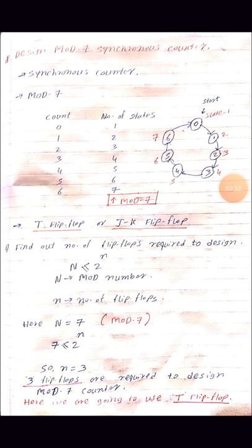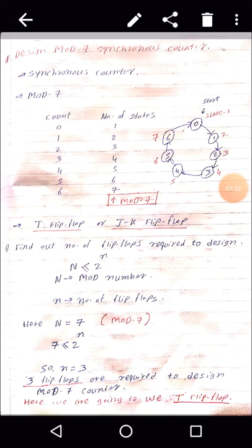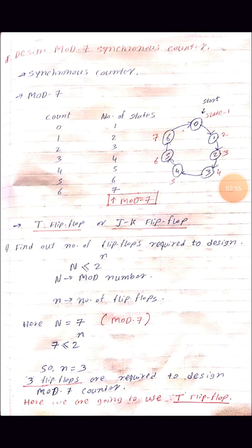The formula is 2 raised to n. Capital N is here the mod number and small n is the number of flip-flops. So here capital N, that is the mod number, is given and it is 7.